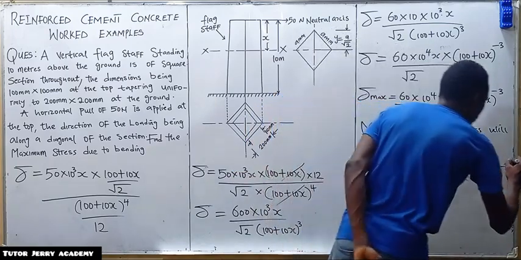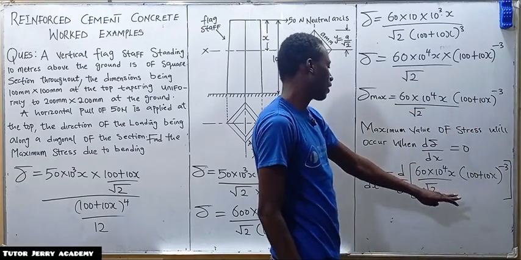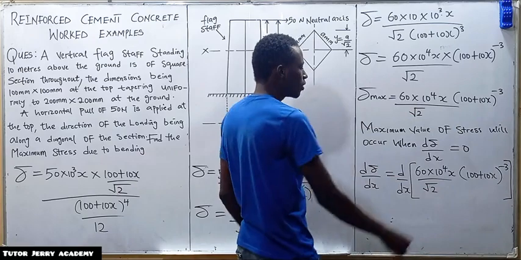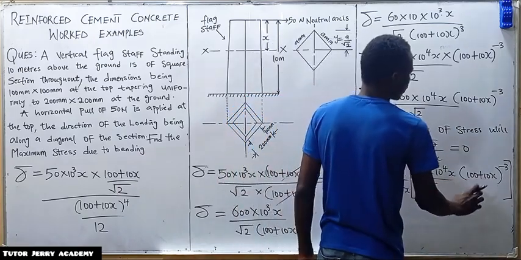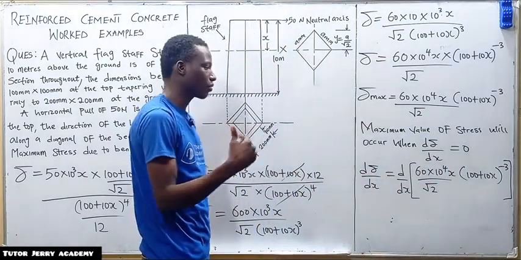Don't forget to close your bracket. Now we'll be taking this as a constant, and I will be differentiating x into (100 plus 10x) to the power of minus 3.